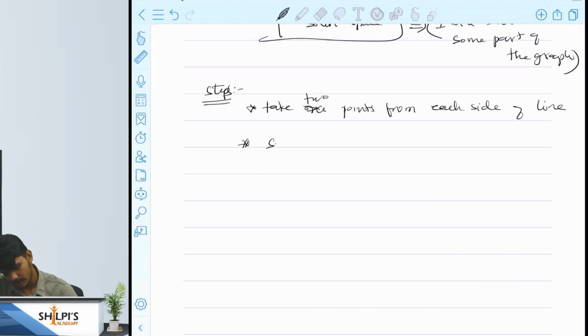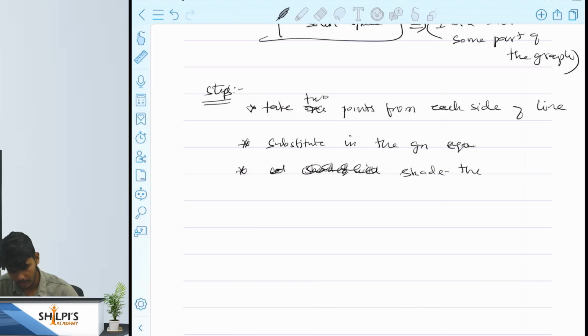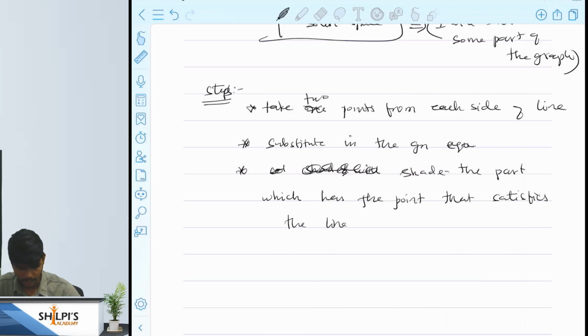And substitute in the given equation, and I will shade the part which has the point that satisfies the linear inequation.